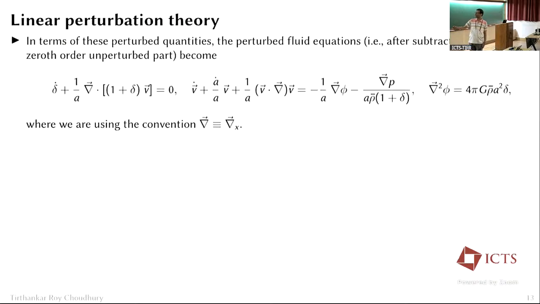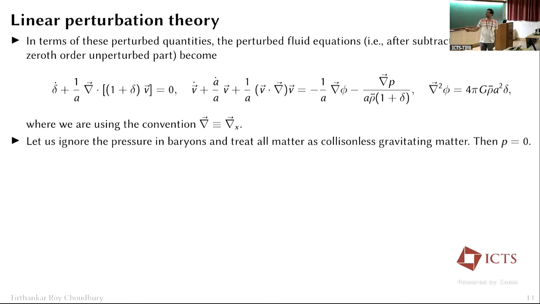These capture what happens due to the expansion of the universe. In case you are living in a universe which is not expanding, then you can just put these a dot terms to 0. That will give you the fluid equations in a static universe. And if your problem needs that, you can solve those as well.